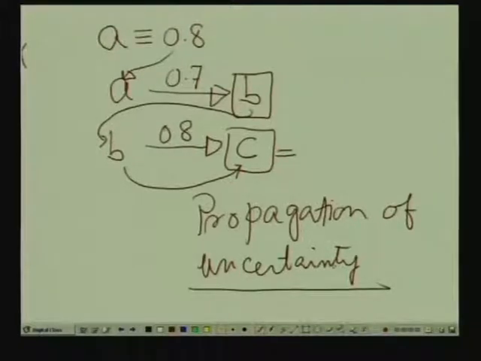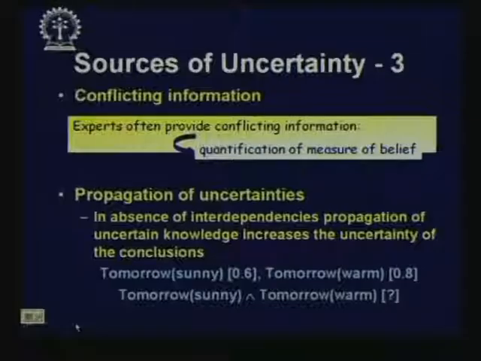This is known as propagation of uncertainty. So, in the absence of interdependencies, propagation of uncertain knowledge increases that uncertainty of the conclusions.